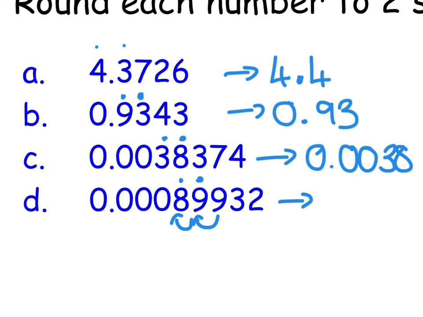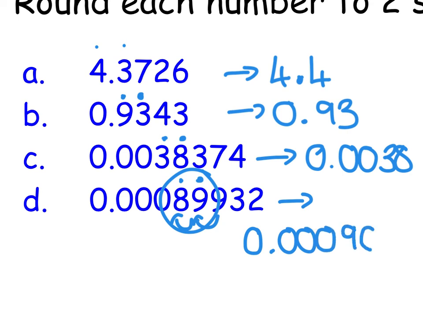Another way to think of it though as well is, what is this number here that I've circled? It's 89. If you appreciate that 9 is going to make that go up, what does 89 go up to? It goes up to 90, doesn't it? So this would be 0.123, and then I put on 90.